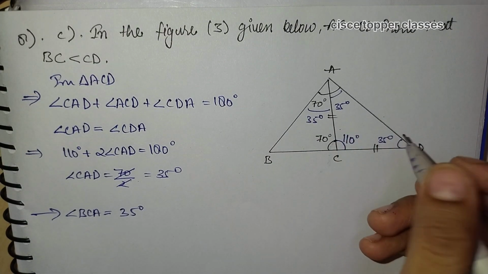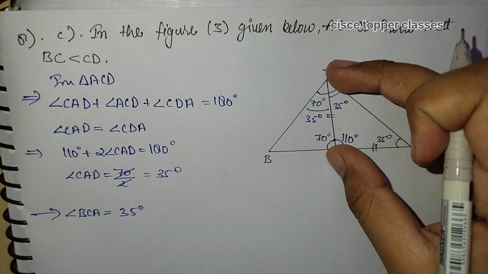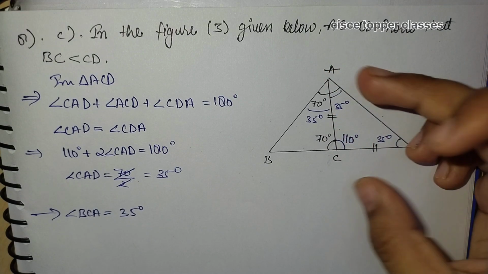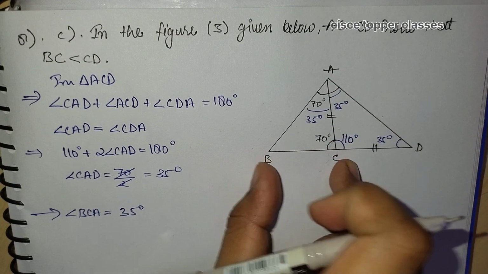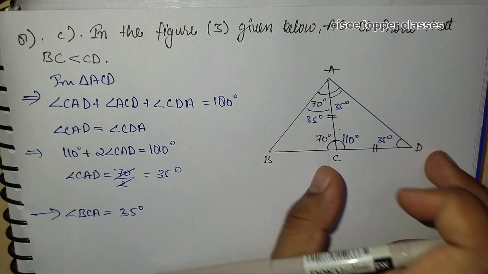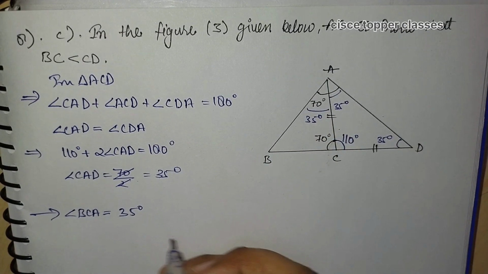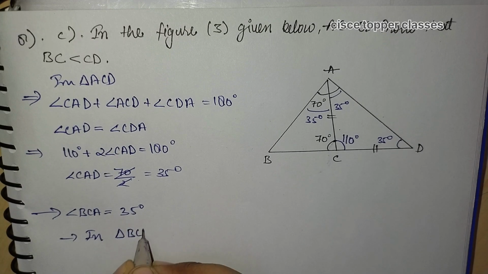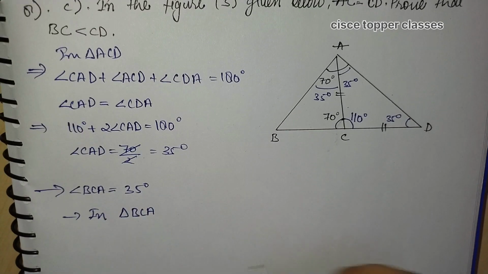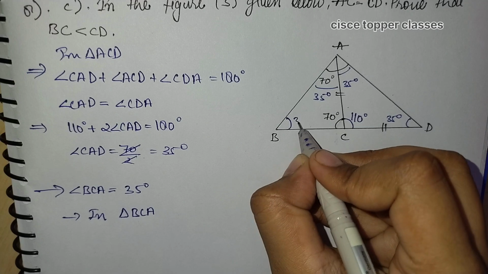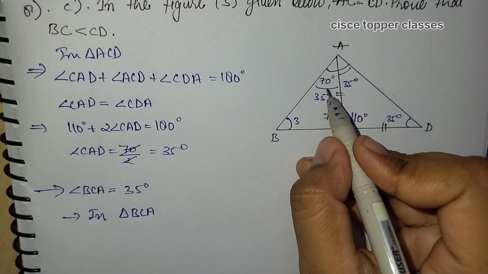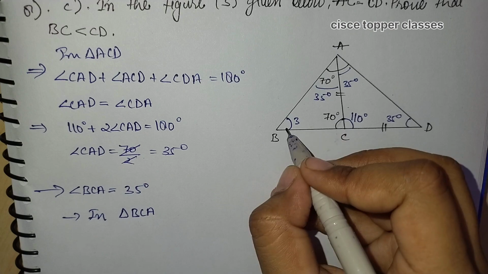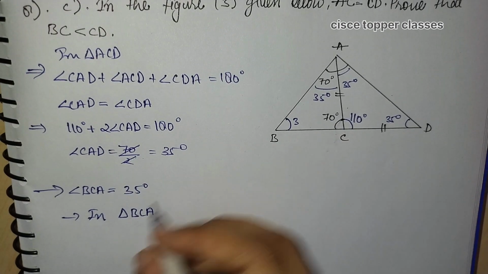Now we can simply see that these two sides are equal, and here we have to prove that side BC is less than CD. So this triangle we will take here. In triangle BCA, we can simply find the value of this part. So this is also 35, we can say, because this one is 35 and here this is 70. So no, this will be not 35.